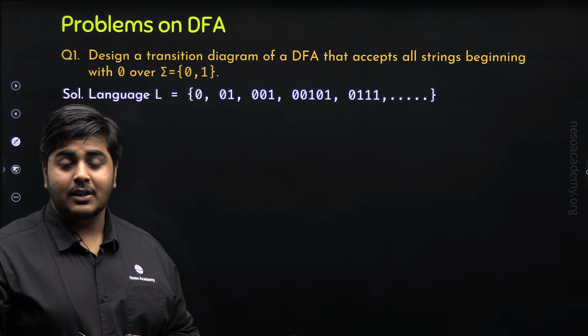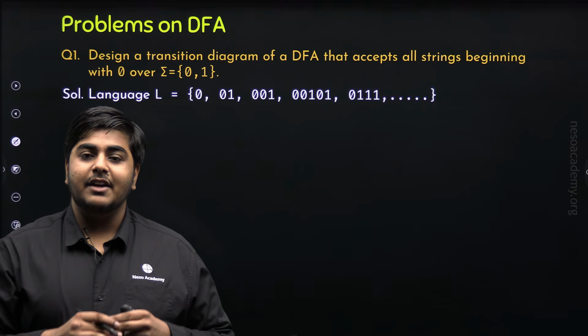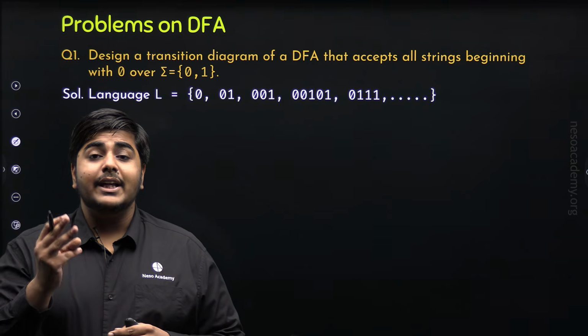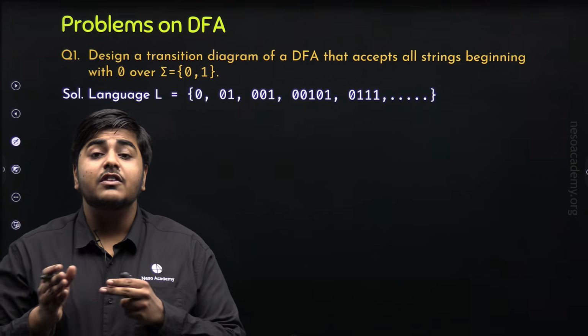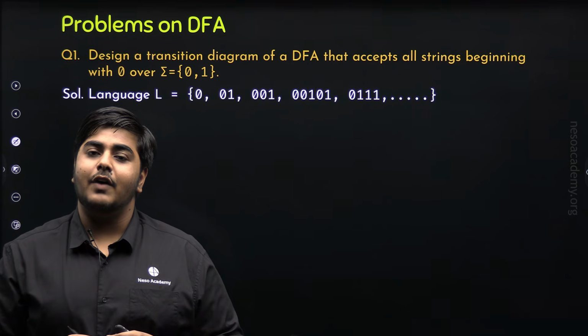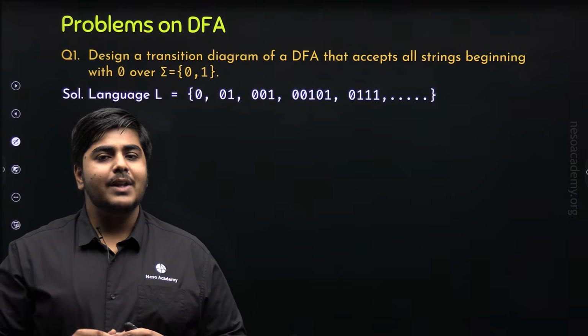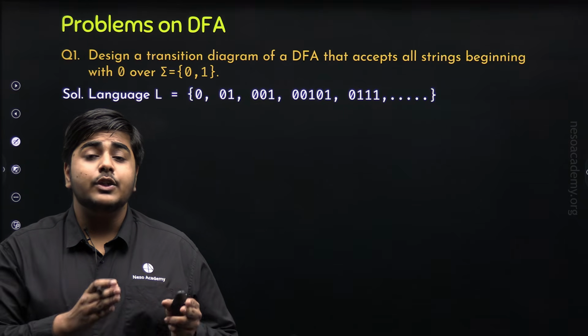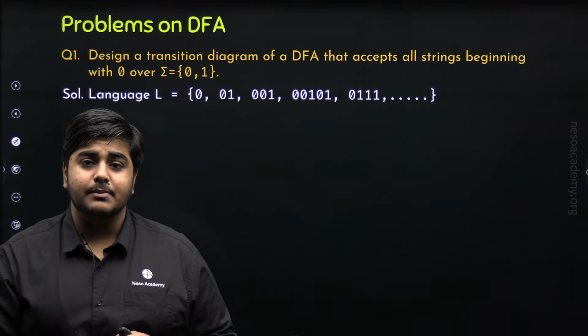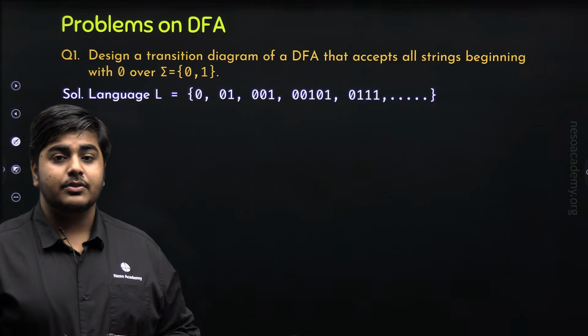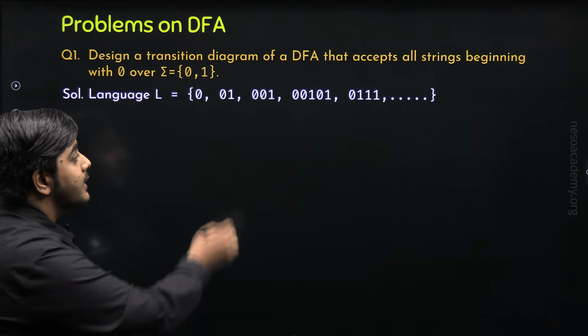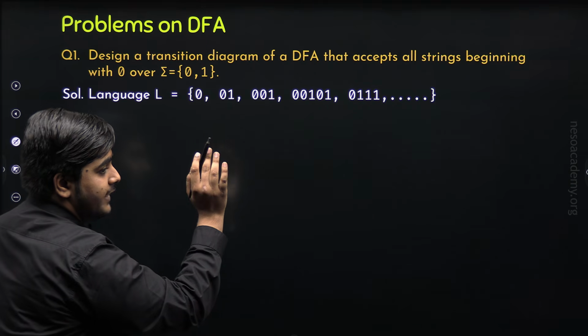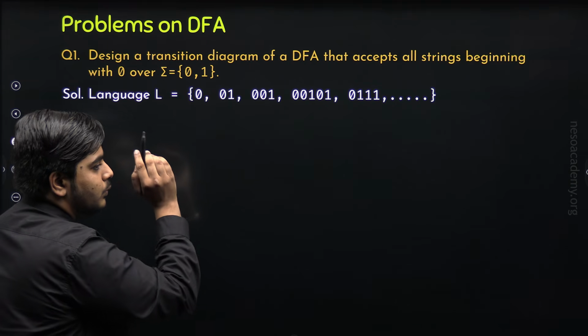Now, before designing the DFA, let me tell you 3 important steps that we will follow during the designing of our DFA. Step number 1 is you will need to select the simplest possible string from this language. And here you can see the simplest possible string out of these strings is 0.